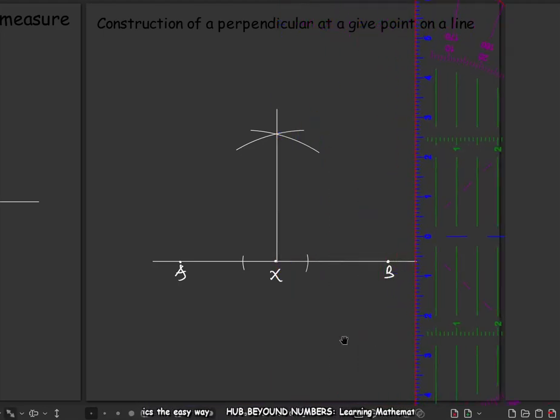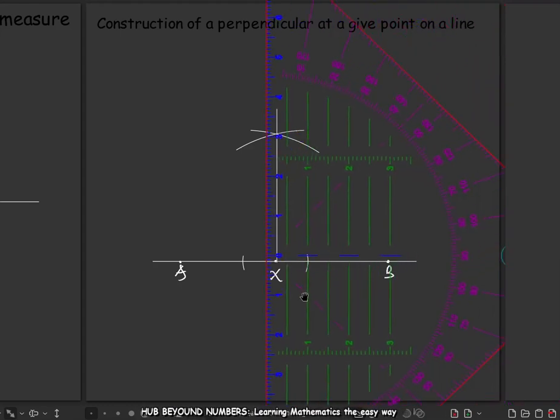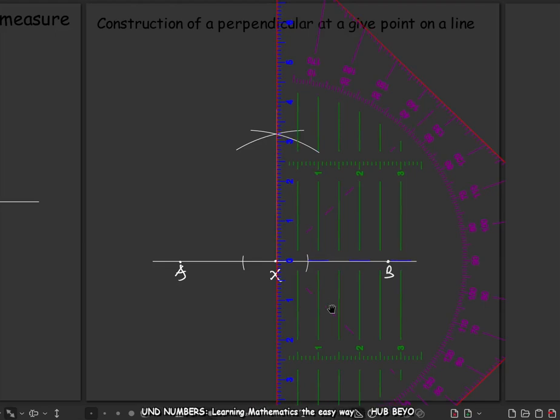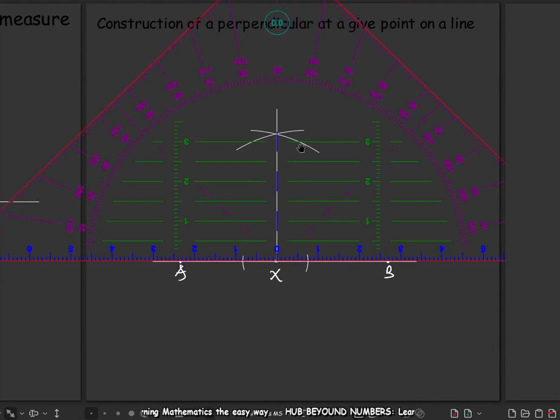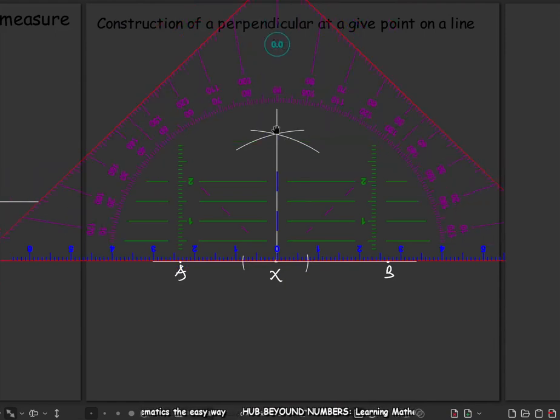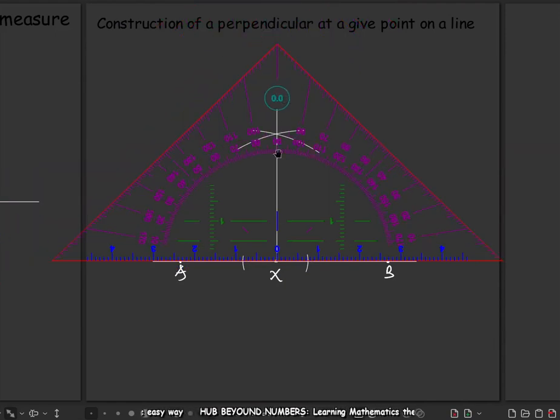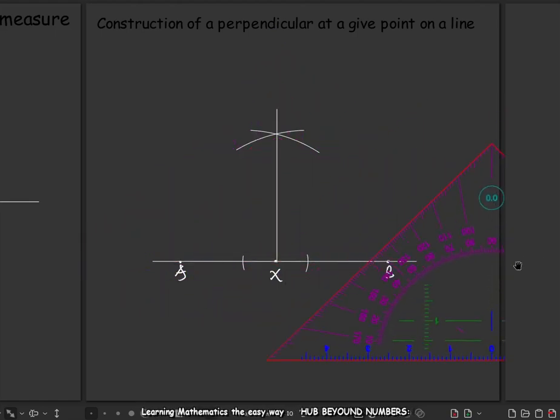So this now becomes my perpendicular. And if you measure the angle it has made, you realize that it is an angle of what? 90 degrees. As you can see, mine being displayed here, it passes through the 90-degree calibration exactly. So this is how we construct perpendiculars at a given point on a line.